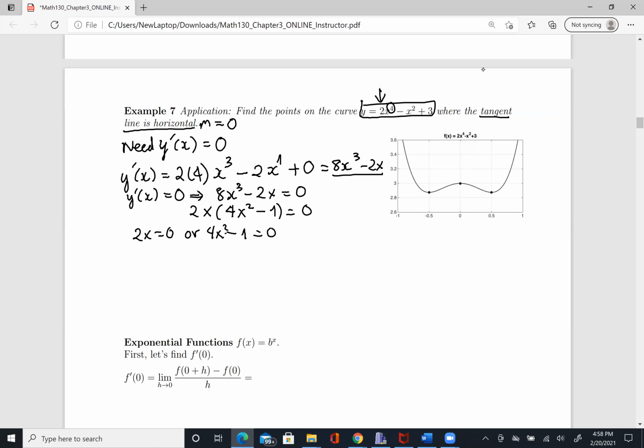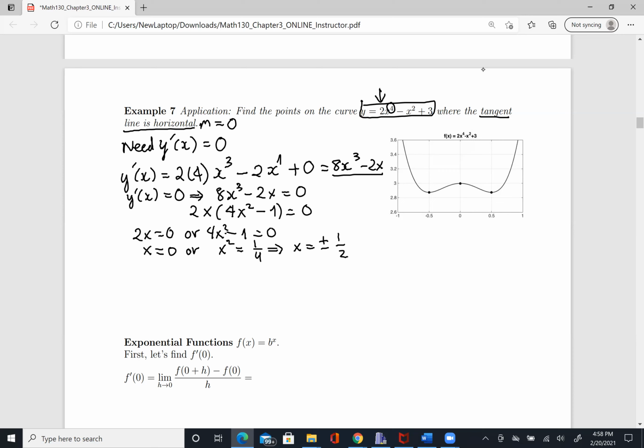And for the first one, you're going to have x equals 0, if you divide by 2 on both sides. And the second one is going to be x squared equal to 1 over 4, right? And if you square root both sides, you're going to have x equal to positive or negative 1/2.